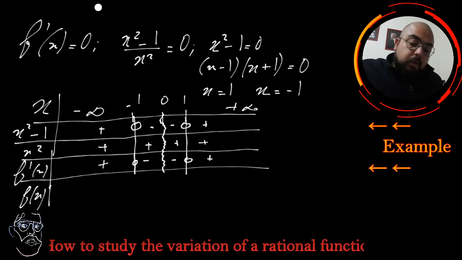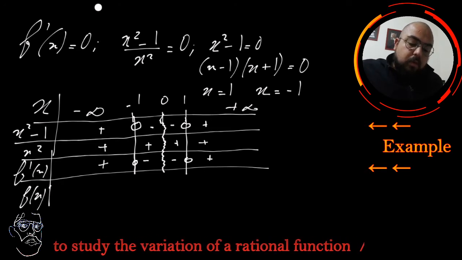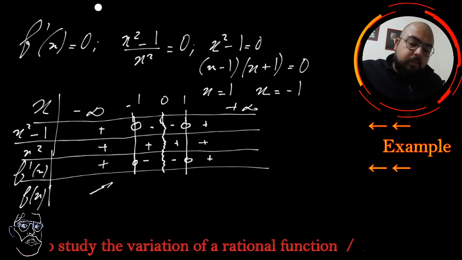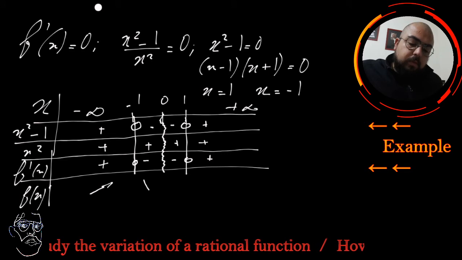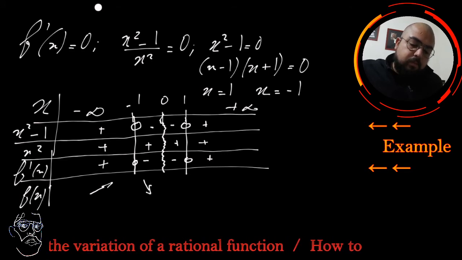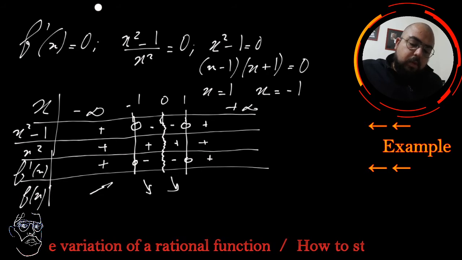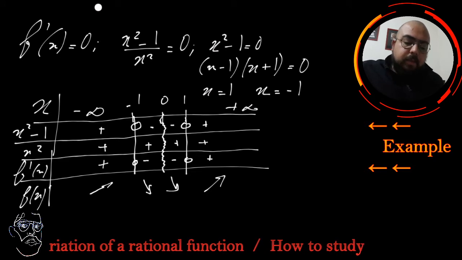F of x will be increasing, decreasing, decreasing again, and increasing. Now we can of course add the limits.